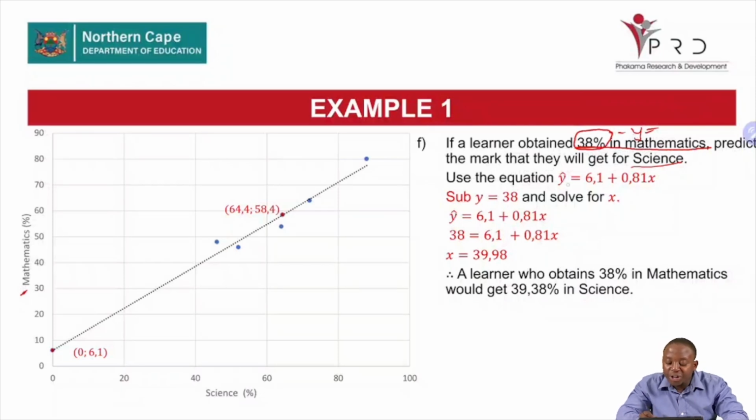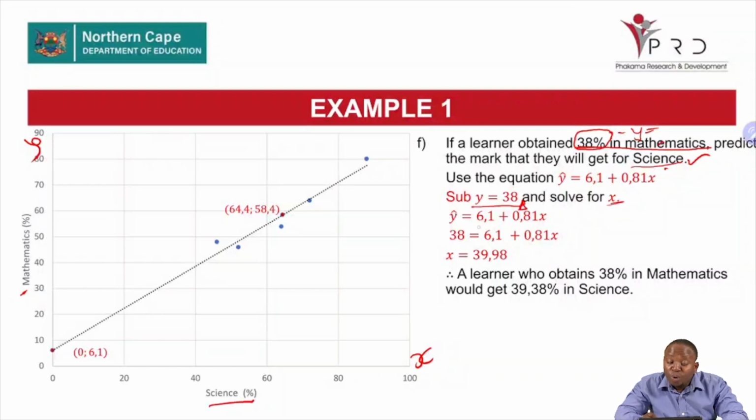So we'll use the equation of the line of best fit, which is Y = 6,1 + 0,81x. Then we substitute Y = 38. Because mathematics is on the Y-axis and we are given the mathematics value, this 38 will represent our Y, and we solve for X because we are looking for science. Where is science? Science is on my X-axis. So this is my X and this is my Y. That is very important for us to know here.